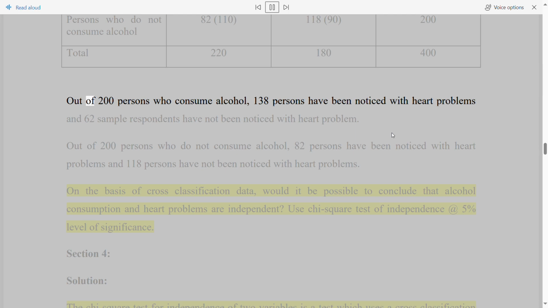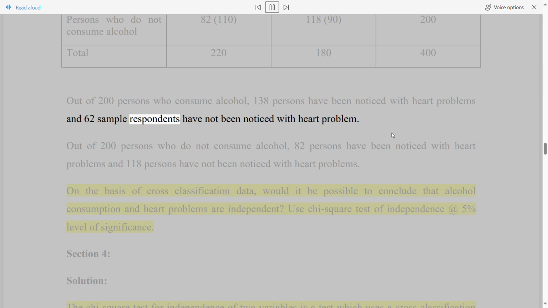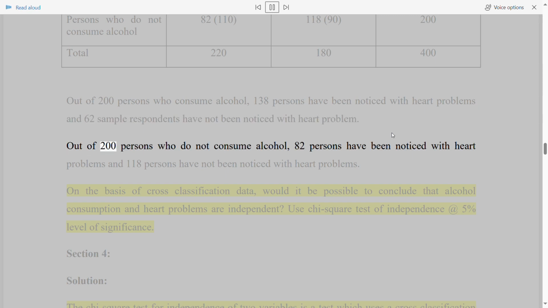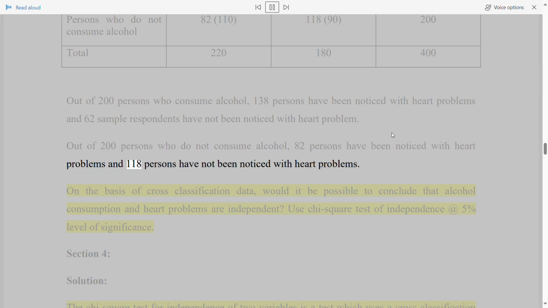Out of 200 persons who consume alcohol, 138 persons have been noticed with heart problems and 62 sample respondents have not been noticed with heart problems. Out of 200 persons who do not consume alcohol, 82 persons have been noticed with heart problems and 118 persons have not been noticed with heart problems.